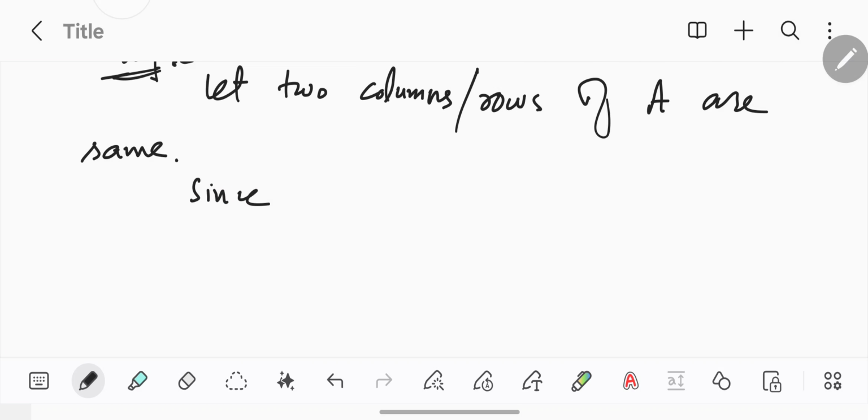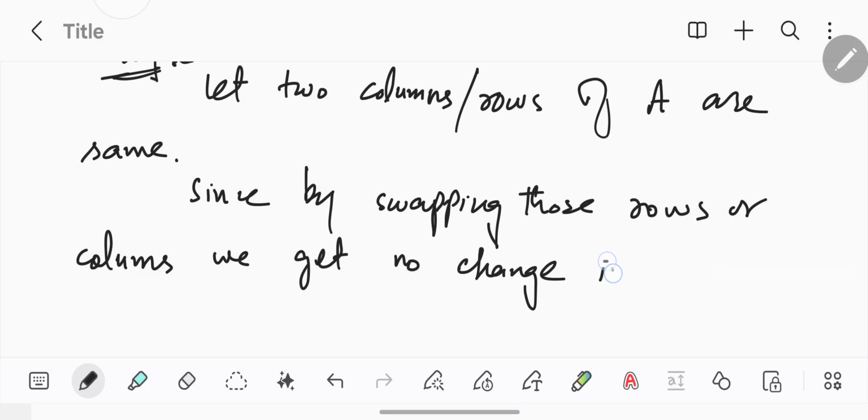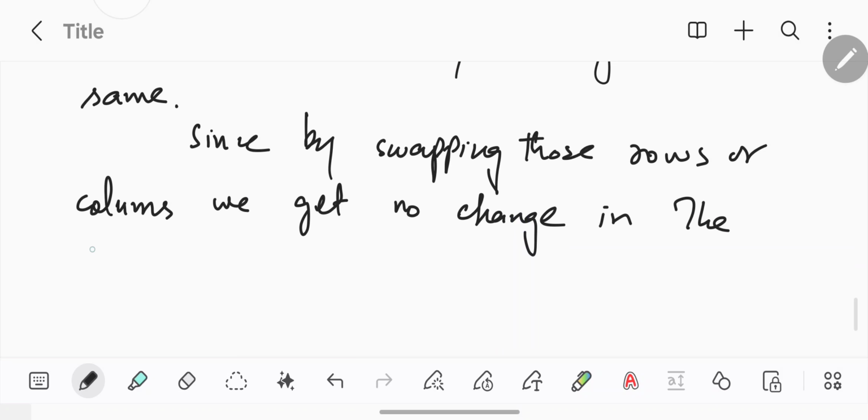Since two columns or two rows are the same, that means if I swap those two rows or those two columns, I will get no change in the matrix.